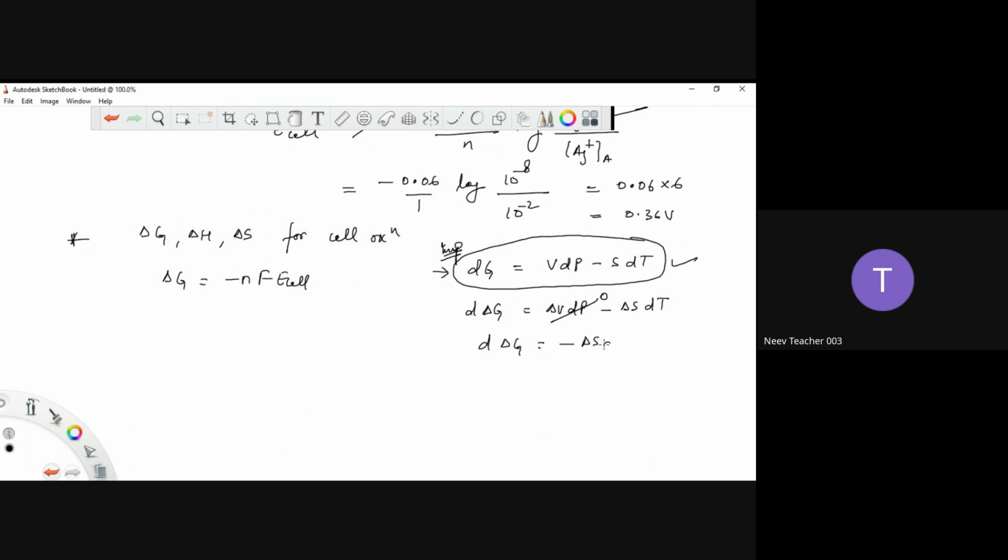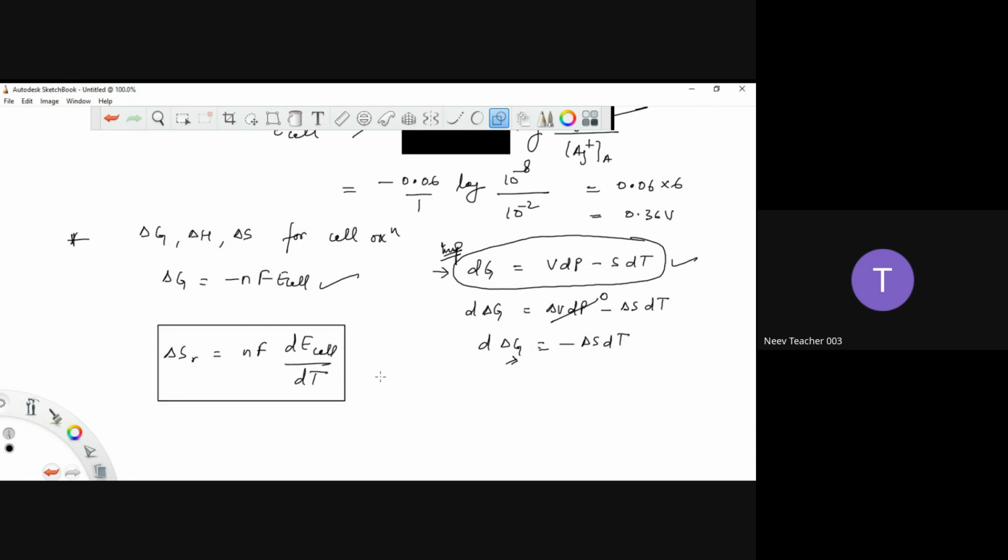Minus S dT. Again, I'm going into the proof side. So you can take this del G, put it over here, and then you have the del S. So I'm just directly writing del S for the reaction comes out to be nF d of E cell over dT. This is how you're going to calculate the del S.